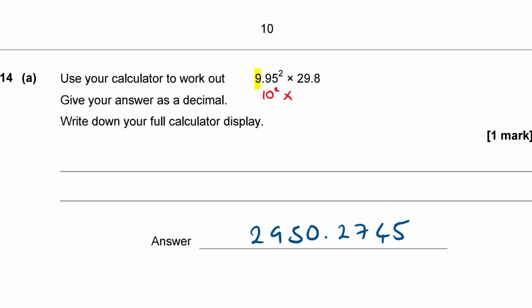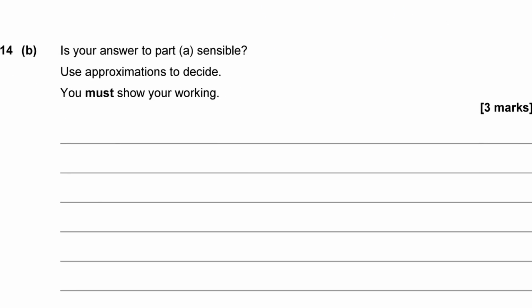29.8. So the first significant figure of this number is the 2, which is in the tens column. So let's round 29.8 off to the nearest 10, which is 29.8 is nearest to 30, isn't it? It's nearer 30 than 20. So it's going to be 10 squared times 30. Okay, so let's work out down here 10 squared times 30.